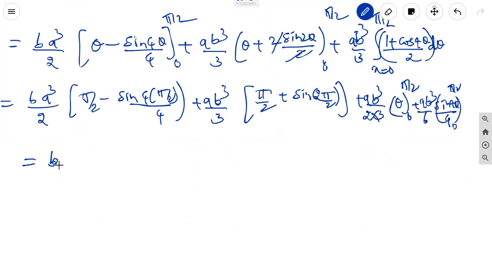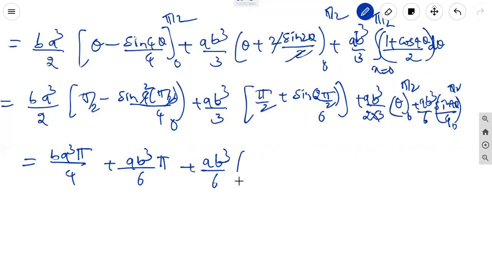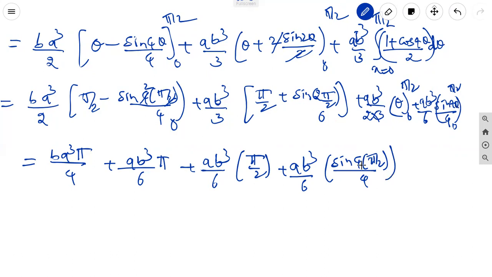It is equal to b a cube pi by 4, this becomes 0, sine 2 pi is 0, plus a b cube by 6 pi, this is 0, plus a b cube by 6 pi by 2 minus 0 is 0, plus a b cube by 6 sine 4 into pi by 2 by 4 minus sine 0 is 0. Here this part is 0.